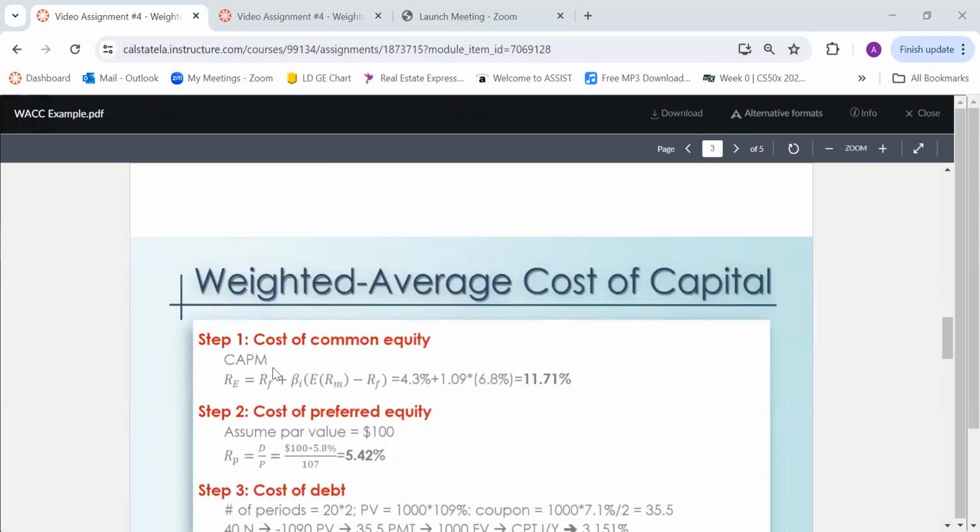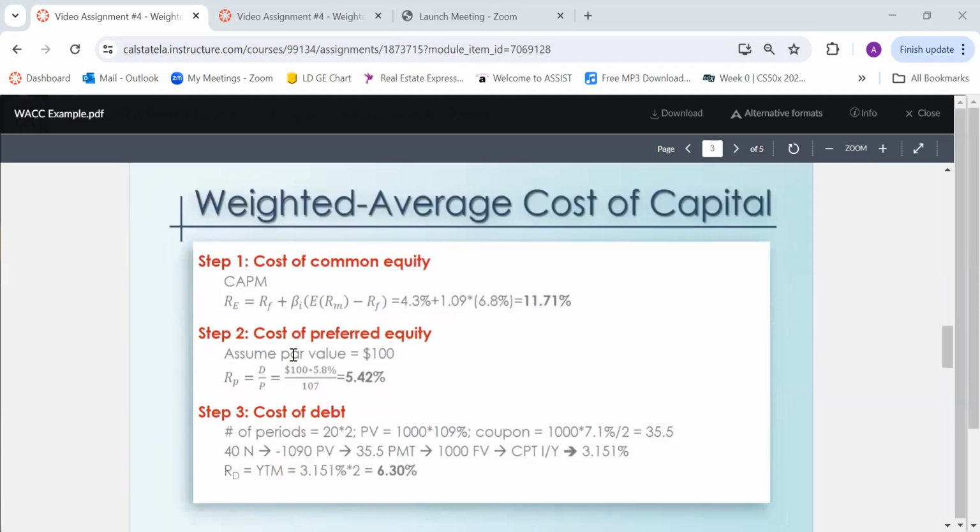So right here we have expected return equals risk-free rate plus beta multiplied by the market risk premium. So we have 4.3% plus the beta of 1.09, multiply that by 6.8%, equals 11.71%.